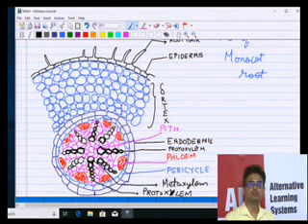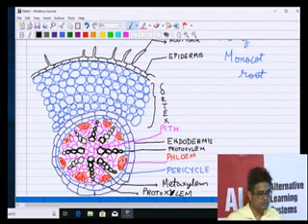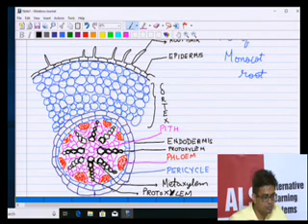Okay, so have you drawn it? Should I move to the next part? If you are still drawing, I can maybe make some changes. Not changes, actually, just improving the quality of the diagram. I can just fill out these spaces like this. Protoxylem, metaxylem.